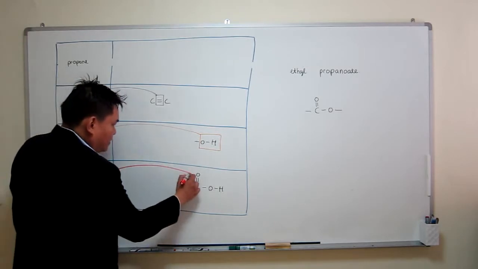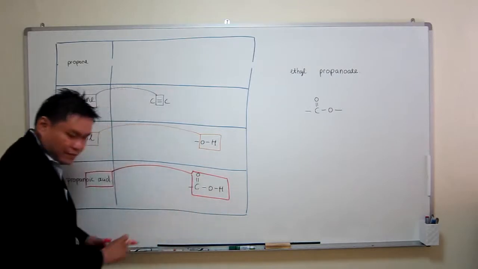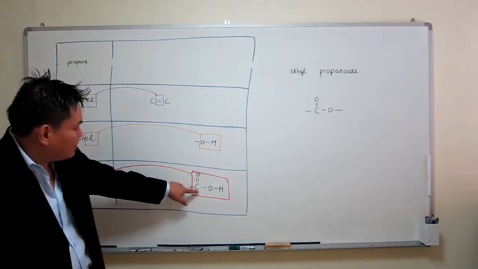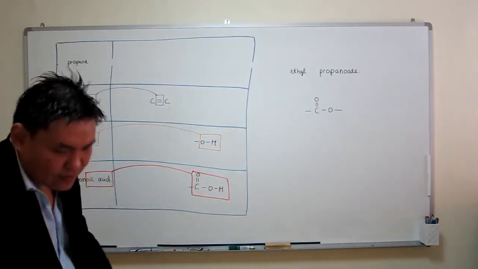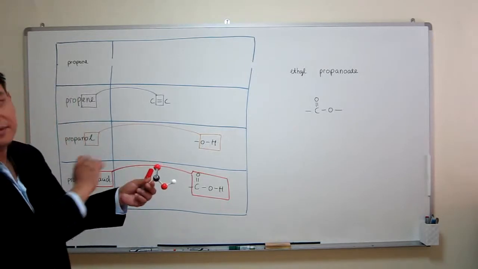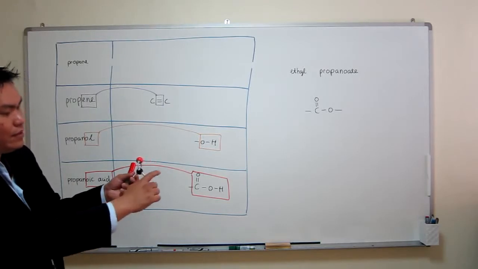It contains this functional group called COOH: carbon double bond with O, single bond with O, and O connected with H. It looks like this. Carbon connected double bond with O, and single bond with O and H.